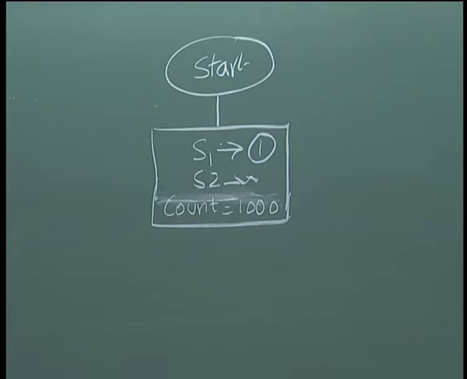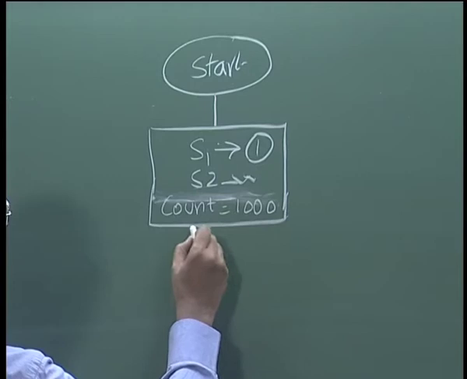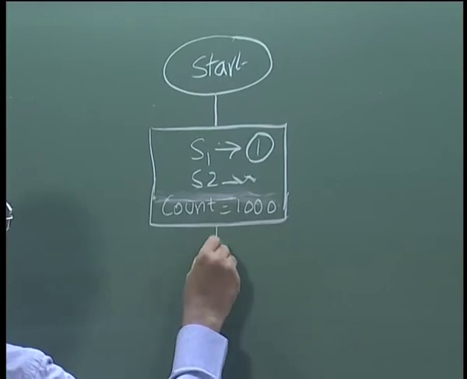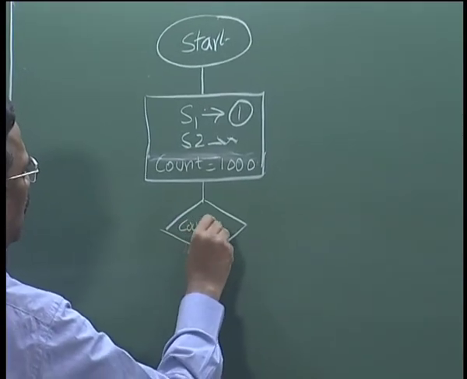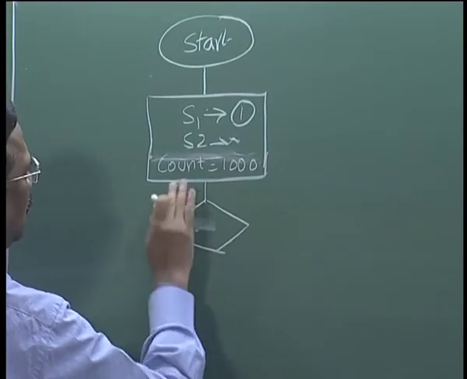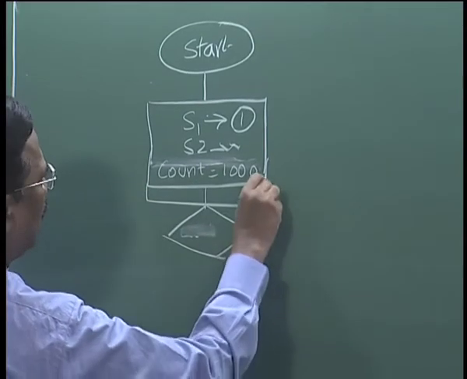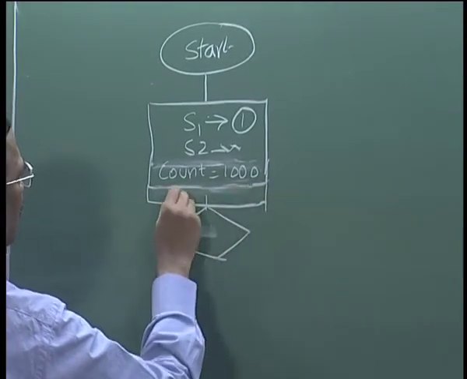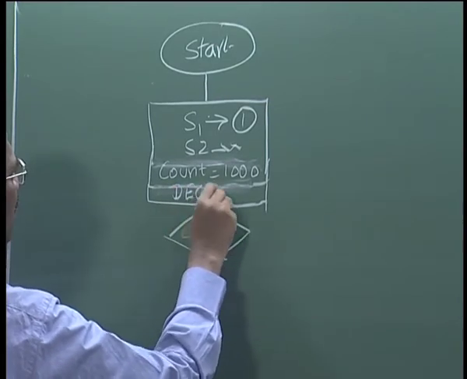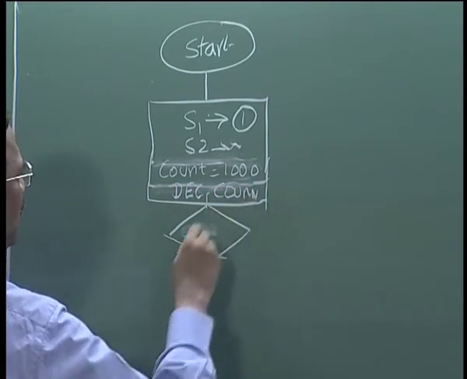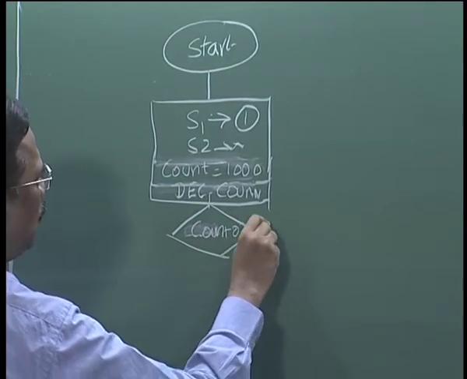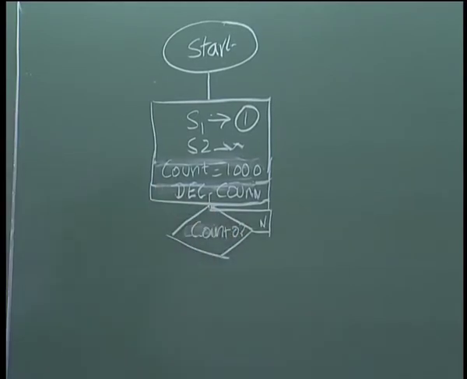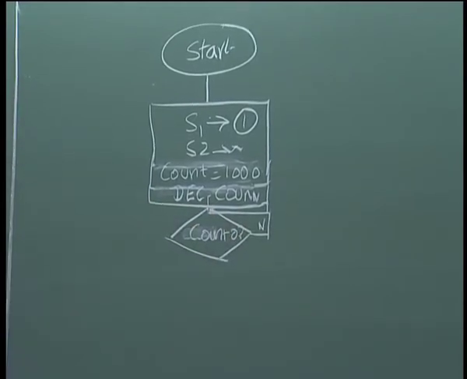So, count equal to 1000 and then we start decrementing the count. Then we check count 0, no, we go back and stay in that position, right.